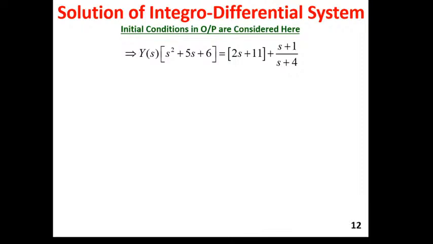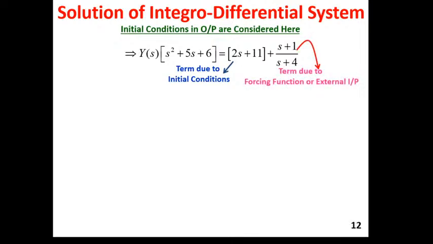So the right side is an addition of initial condition terms and forcing function terms. That is what is written here. 2s plus 11 is due to initial condition, and the s plus 1 by s plus 4 term is due to the forcing function or external input.